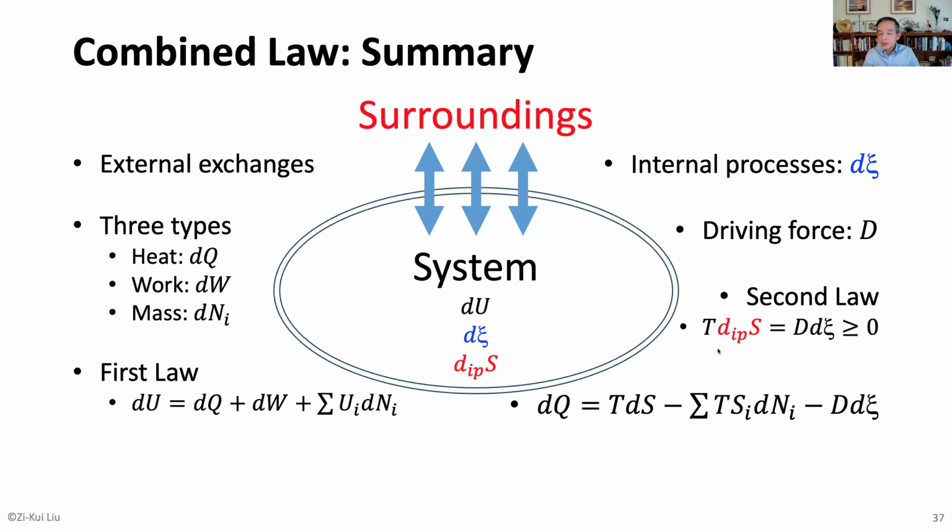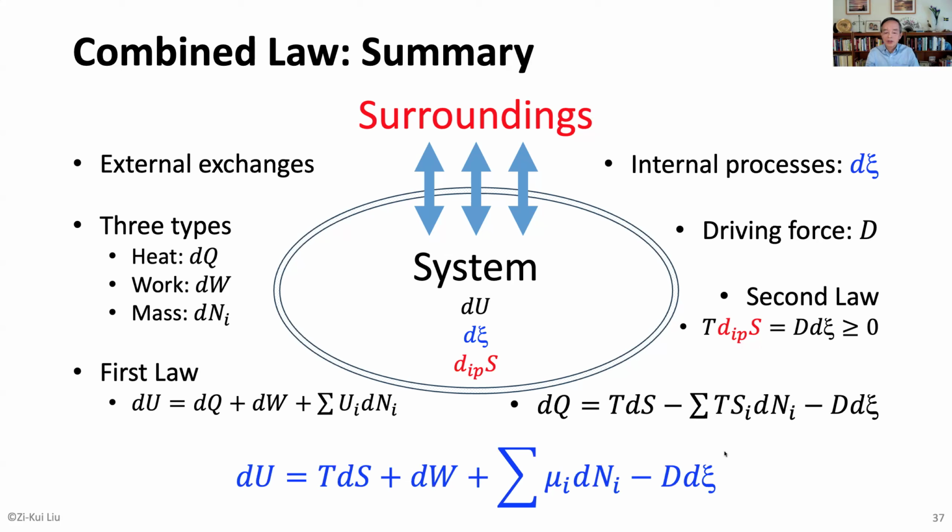By using this definition of d xi, we can write an equation for dQ. dQ is now a function of T dS and minus T s_i dn_i, which is the entropy change due to mass and the internal entropy reduction.